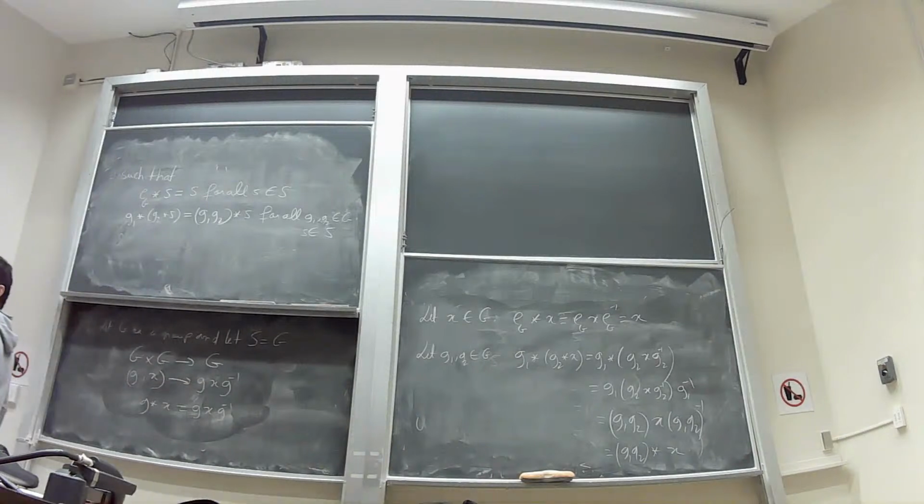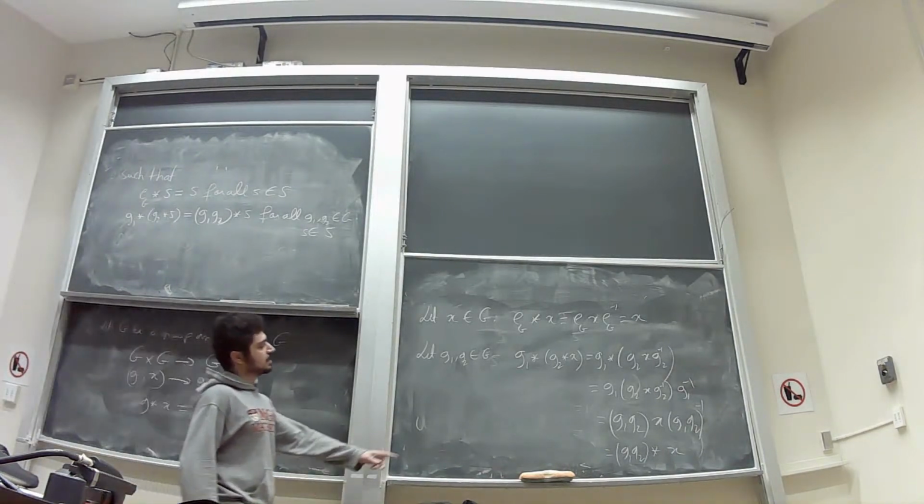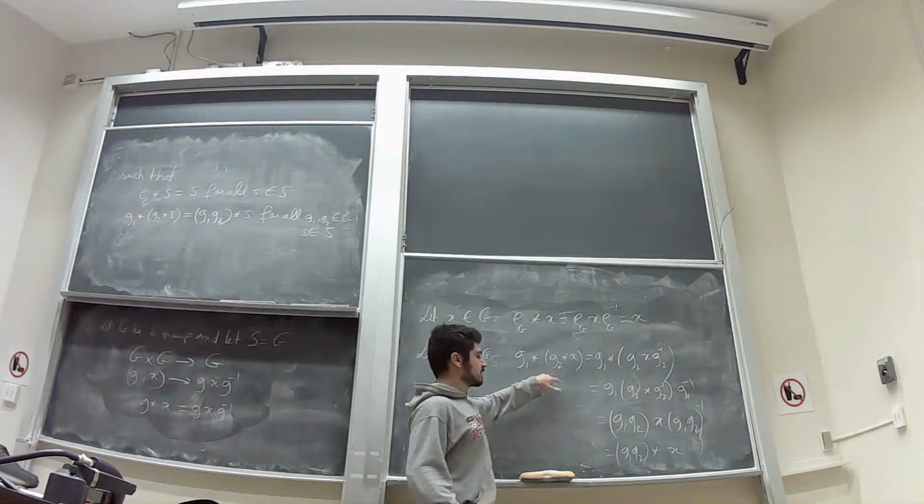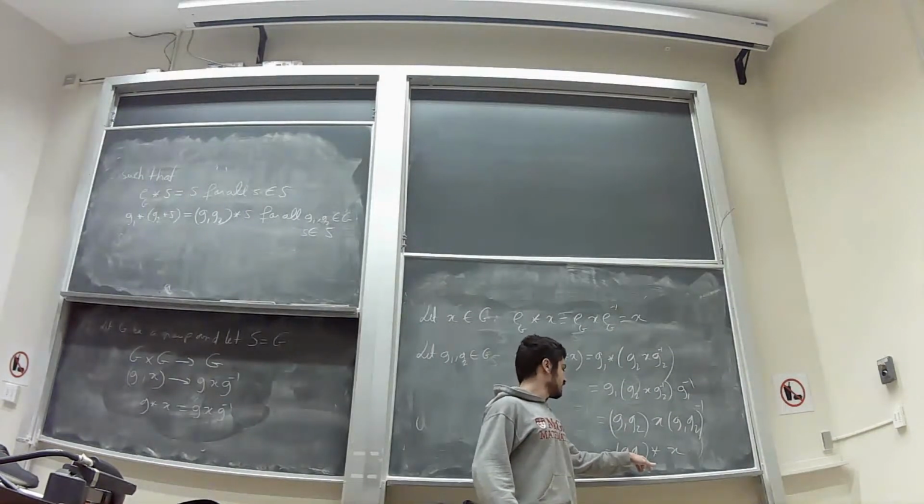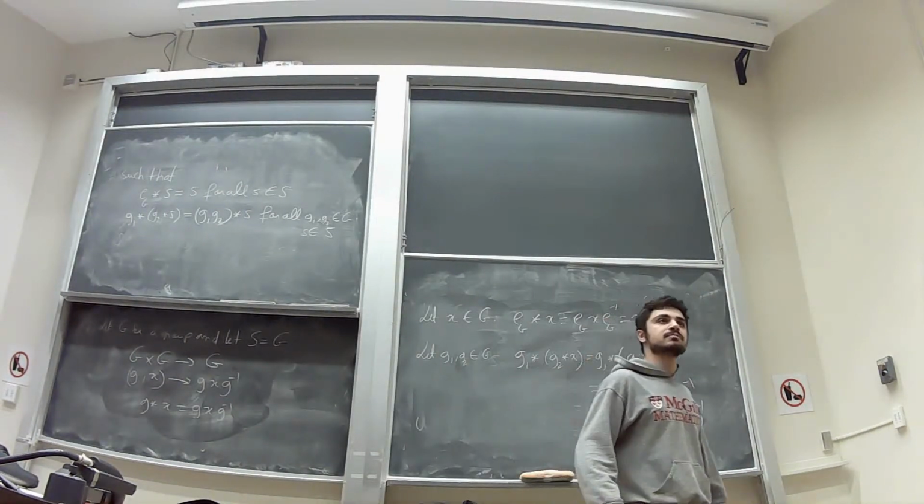So checking something is a group action is just going through the definitions, just as if you check something is a binary operation, you have to go through the definitions. The most important property means that if you let g2 act on x and then g1 act on that, it's the same thing as if g1 g2 acted on x.